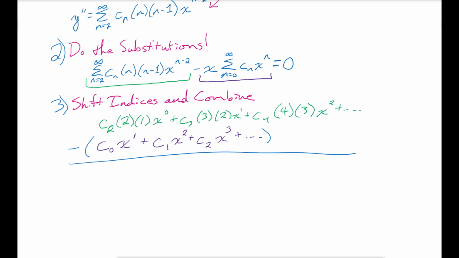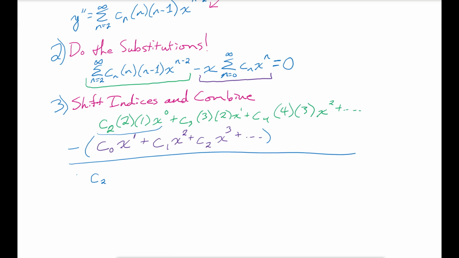So taking a look and matching up where my exponents are the same on x, I have an extra x to the 0 term in my first power series, my first sum. So I'm going to write that one out separate. So I'll get c sub 2 times 1 times x to the 0, so times 1.